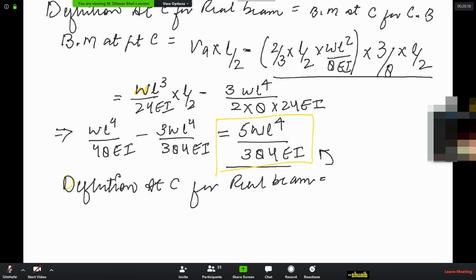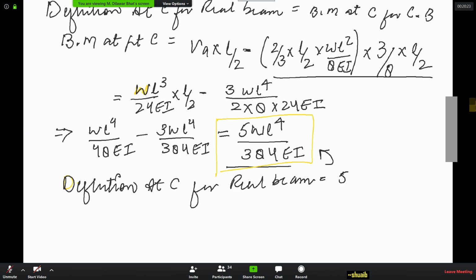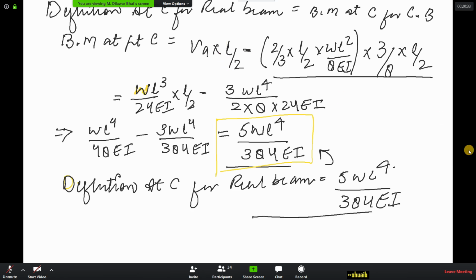How much is that? 5WL4 divided by 384 EI. Okay, this is your deflection at C for the real beam. If you want to cross check it from the previous methods by which you have calculated slopes and deflections, you can cross check that as well.